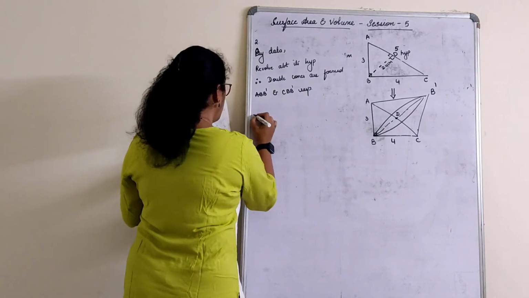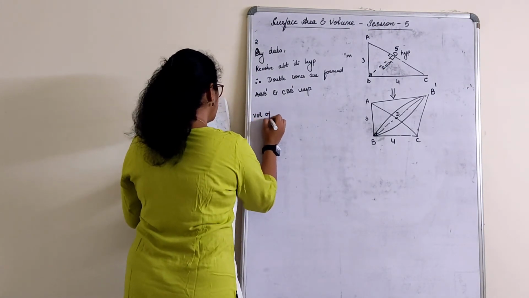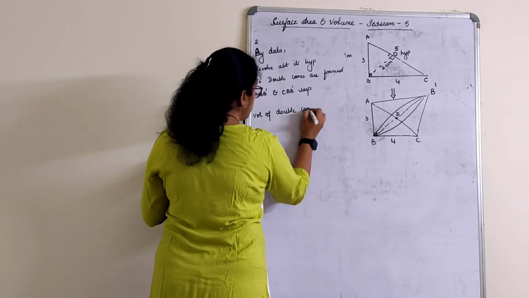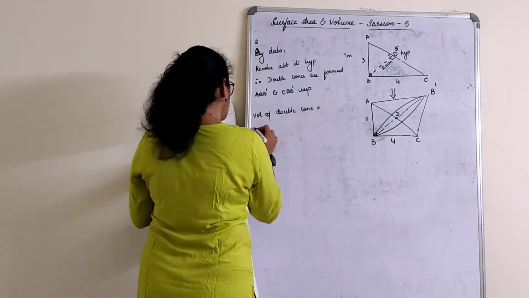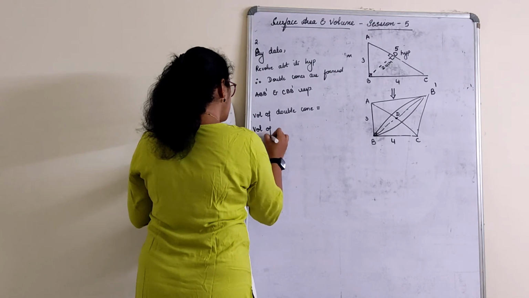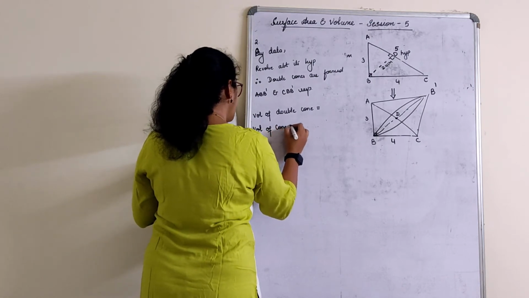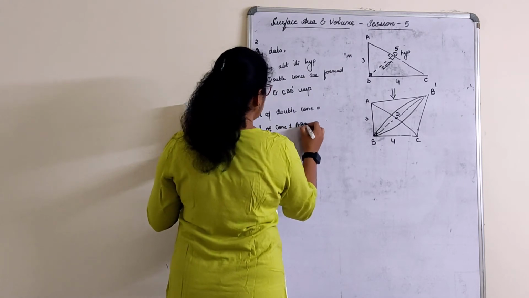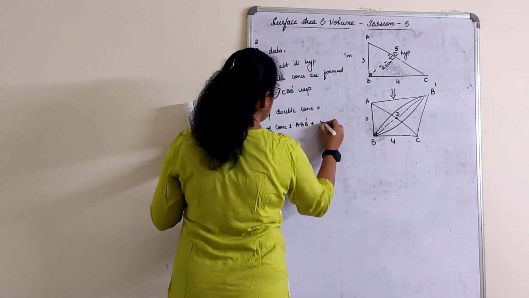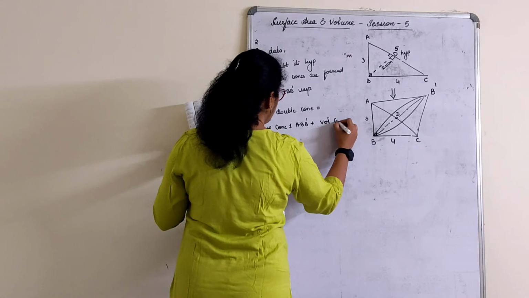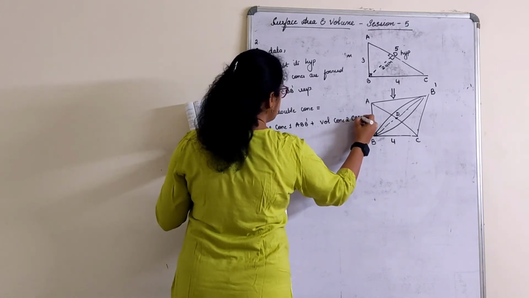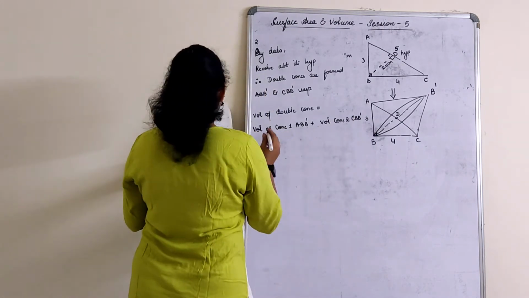So, volume of double cone is equal to volume of cone 1, which is A, B, B dash, plus volume of cone 2, which is C, B, B dash. What is the volume of cone formula?